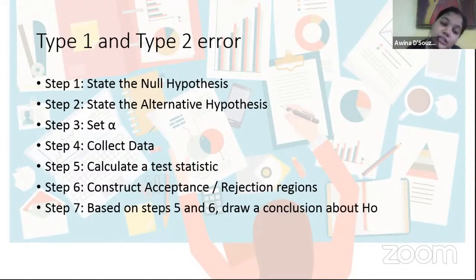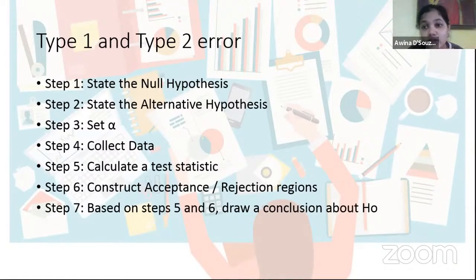For example, if you take a COVID population, for the null hypothesis you ask whether the person has any taste sensation or not. So your null hypothesis will be: no, that person doesn't have any sensory taste deficit.